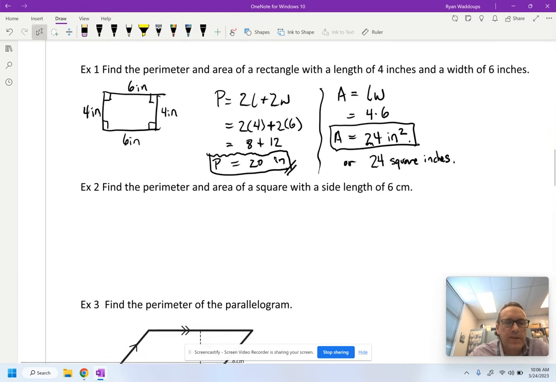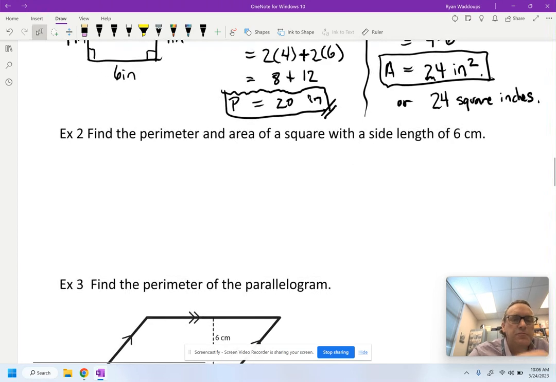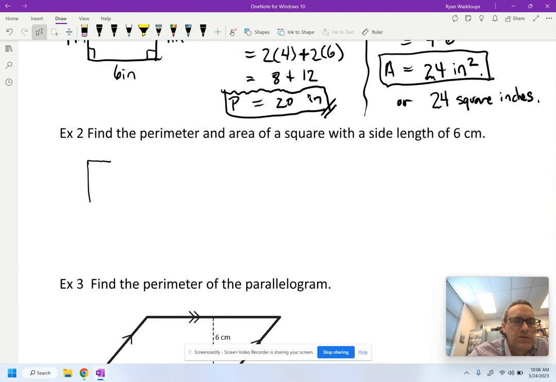All right, next one. Find the perimeter and area of a square with a side length of 6 centimeters. So it's always good to draw a diagram in geometry. Draw your diagrams. Only takes a moment. And the side length is 6 centimeters, which means this is 6, and this is 6, and this is 6, and they're all in centimeters.